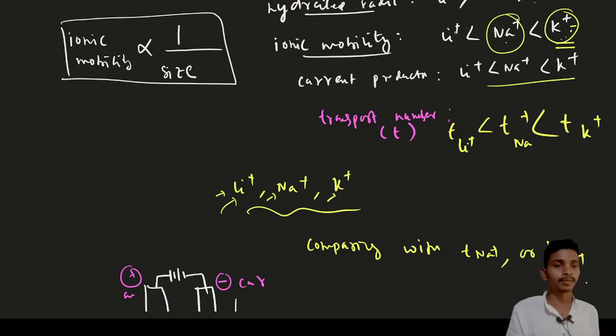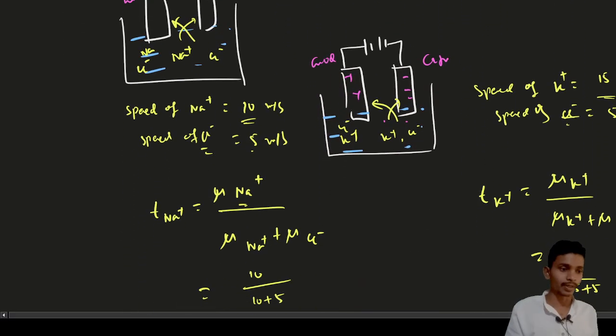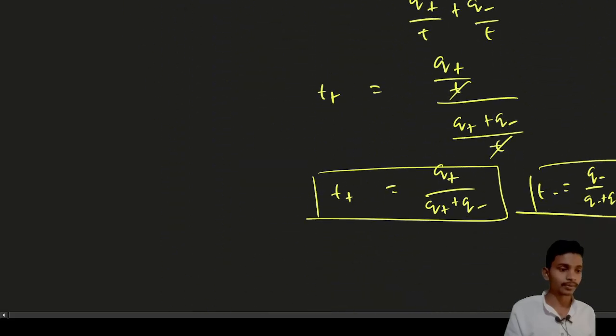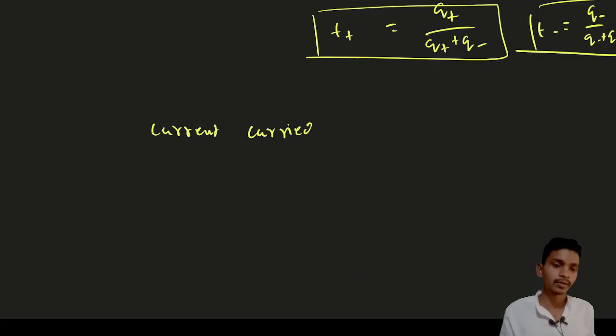If ionic mobility is increasing on this side, then current is also increasing, which means current carried is directly proportional to the movement of ions. Hence current carried by ions is directly proportional to mobility of ions.